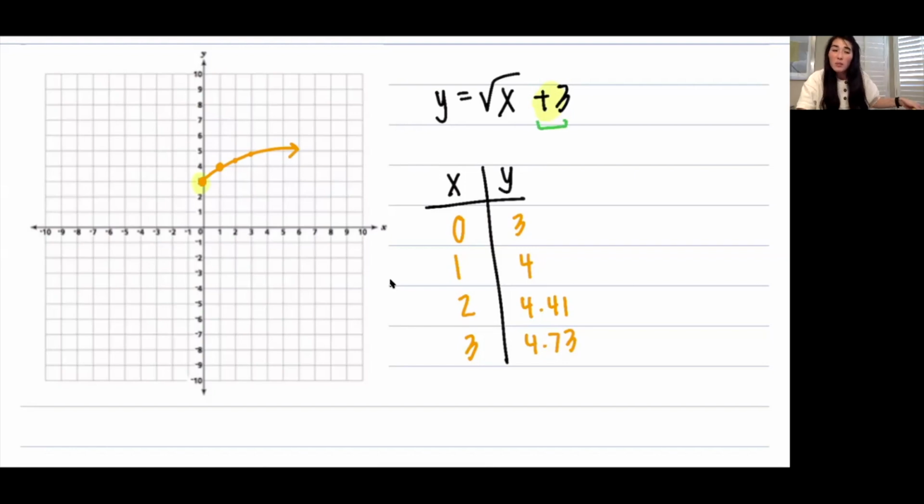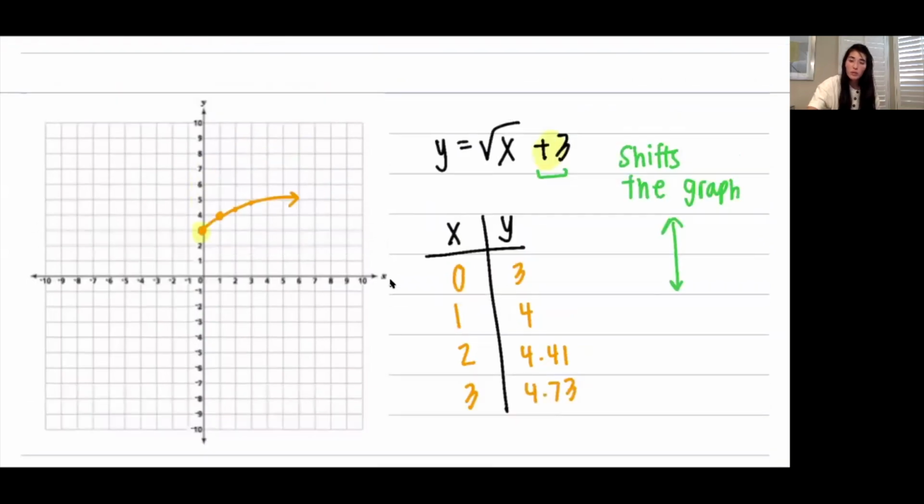And so anytime that you have a number that is on the outside, so not underneath that radical, what's happening is it's actually going to shift your graph. So this shifts the graph up or down, and I'll move it so you can read it. So because it is a +3, it's shifted over 1, 2, 3 up, just like that.